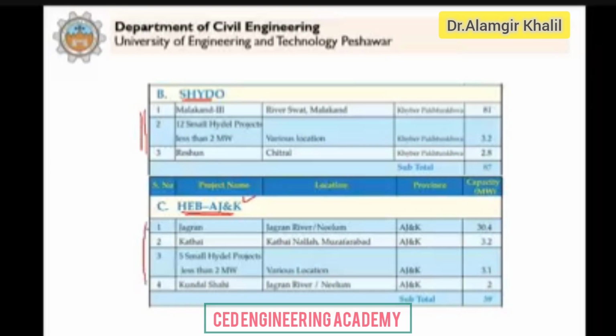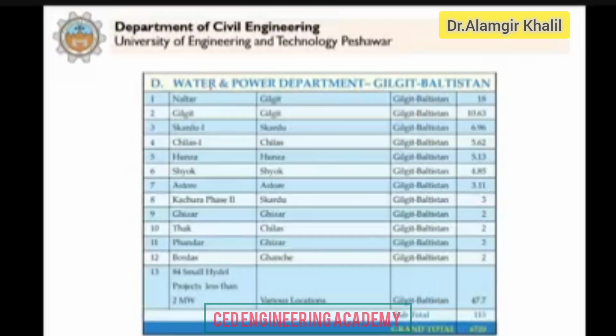They are behind these existing projects in Azad Jammu and Kashmir. And we also have the Water and Power Development related to Gilgit-Baltistan. So in Gilgit-Baltistan, these are the existing hydropower projects. So the total capacity is around 6,720 megawatt. Recently, you can find the latest information from the website of PPIB.